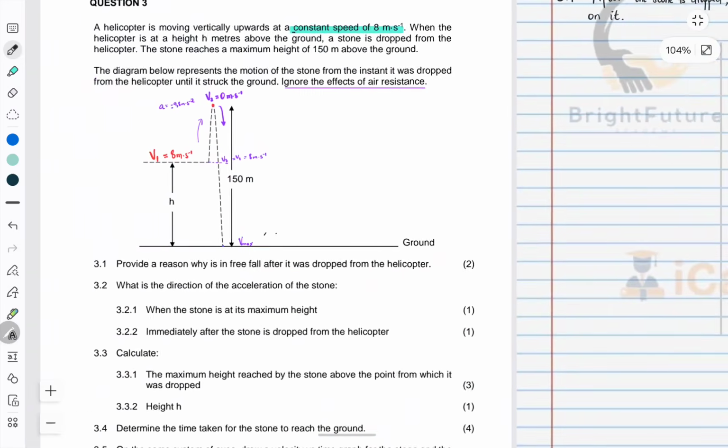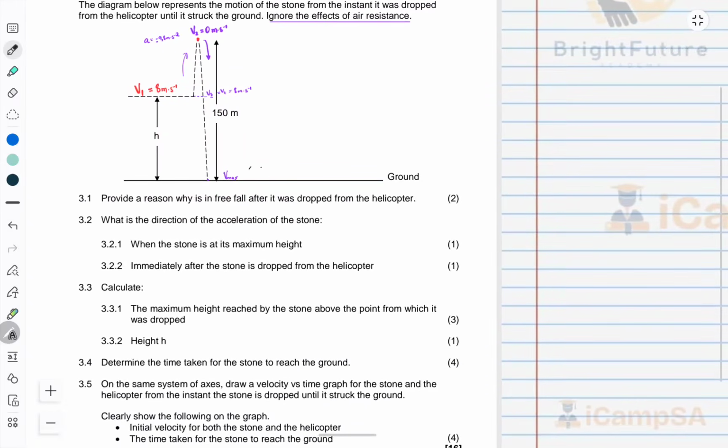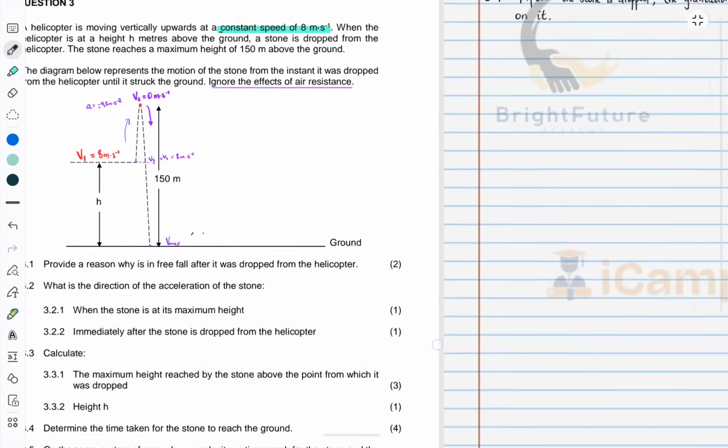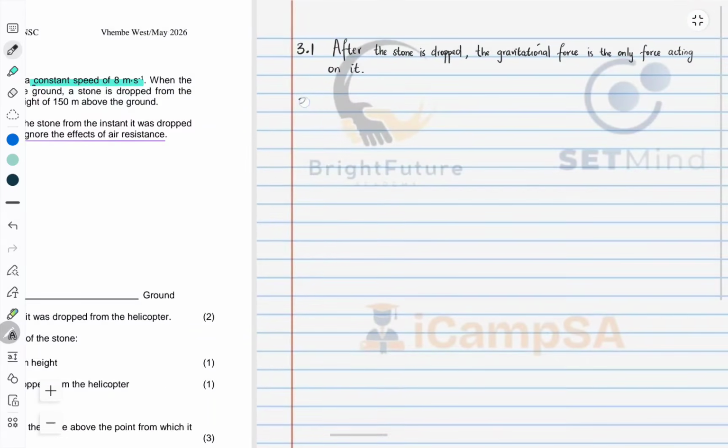Okay, so now, what is the direction of the acceleration of the stone when the stone is at its maximum height? That's 3.2.1. The direction of acceleration of the stone.